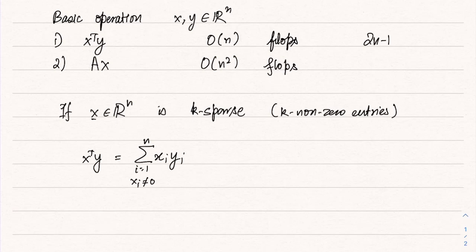We already know that it is going to be 0. So really the requirement here is 2k minus 1 operations. So I could say order k operations, and if k is much less than n, then order k could be less than order n. For example, k could be an order of magnitude less. In that case, order k would be significantly lower than order n.